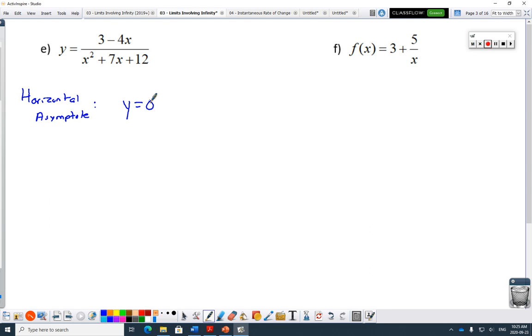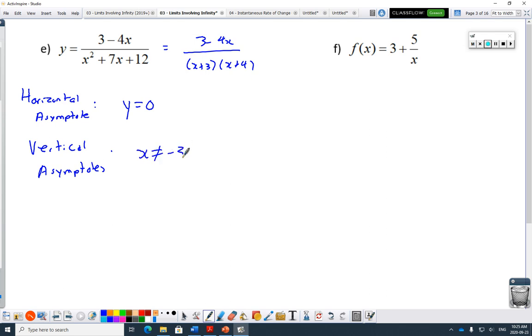What's the other thing they wanted? Vertical asymptote? How do I go about finding vertical asymptotes? Just factor the denominator. So here it's 3 minus 4x over x plus 3, x plus 4. So my vertical asymptotes, x can't equal -3 or -4.